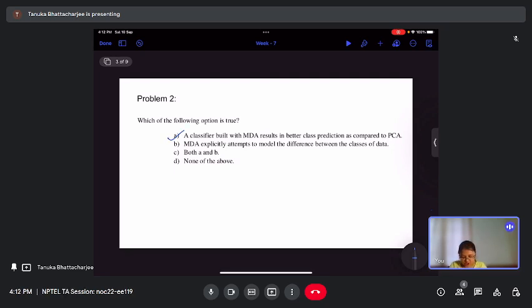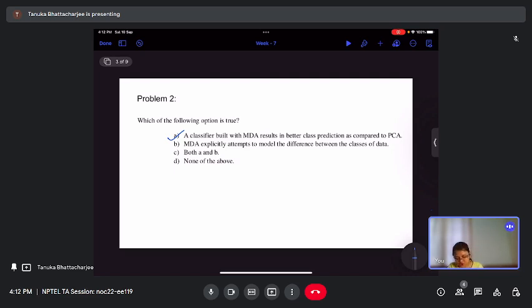Now, the next option is: MDA explicitly attempts to model the difference between the classes of data. As I already said, this is indeed true. MDA explicitly tries to maximize the difference between the classes. This is the objective function that is maximized to determine MDA, which tries to maximize the difference between the classes.